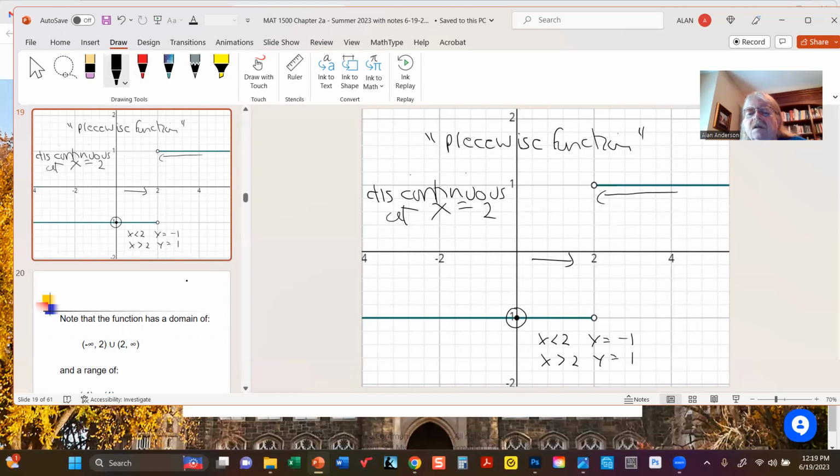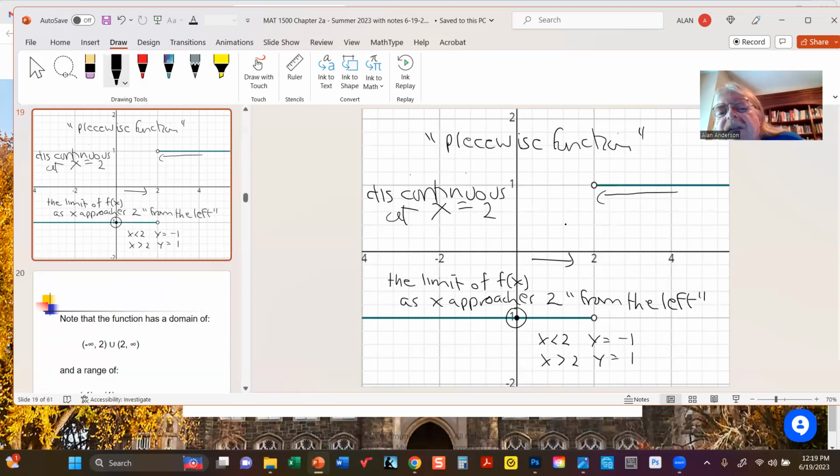So in other words, the limit of f of x as x approaches 2 from the left, I'll put that in quotes to indicate that this is very informal language, although all mathematicians use it.